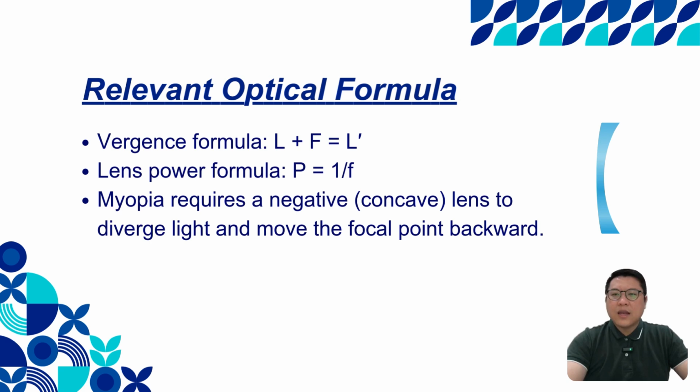The second is the lens power formula, P equals 1 over F, where the focal length is inversely proportional to the lens power. In the case of myopia, a negative focal length is needed. This confirms that a concave lens will shift the focal point backward onto the retina, correcting the refractive error.